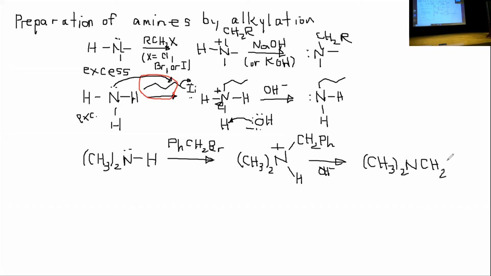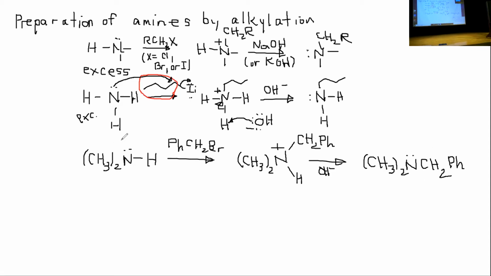And so we've actually made a tertiary amine from a secondary amine. But as long as you use an excess of the amine that you're starting with, you can use either ammonia or a primary or secondary amine, and your product will be substituted one more time than what you started with.